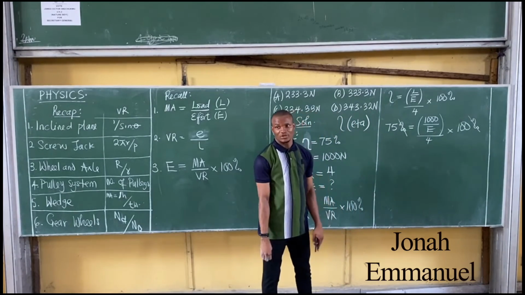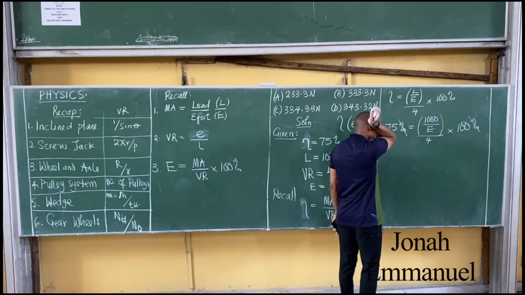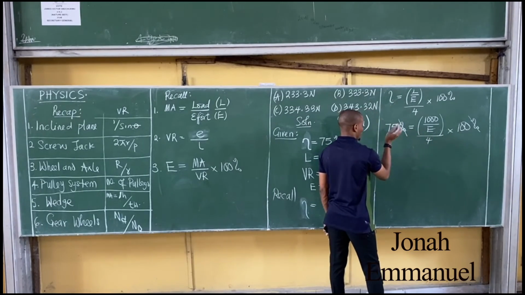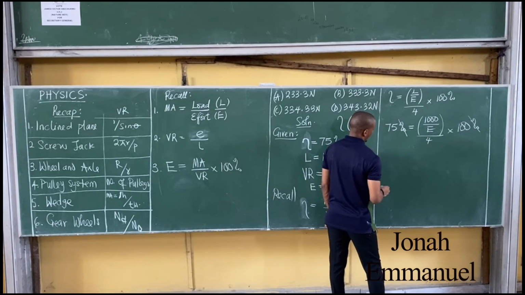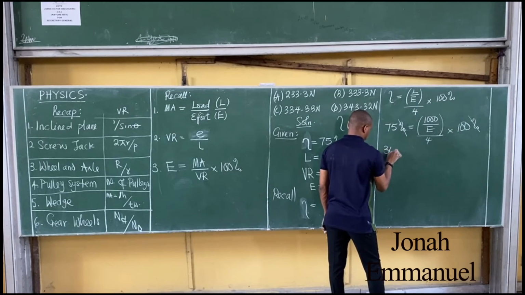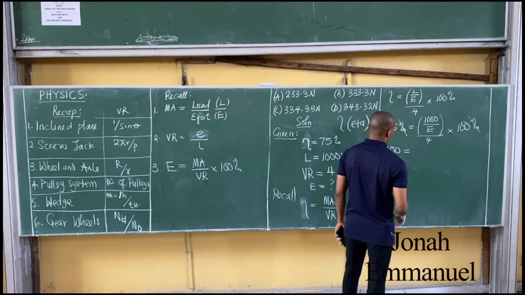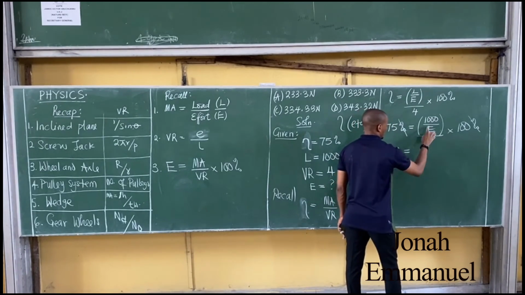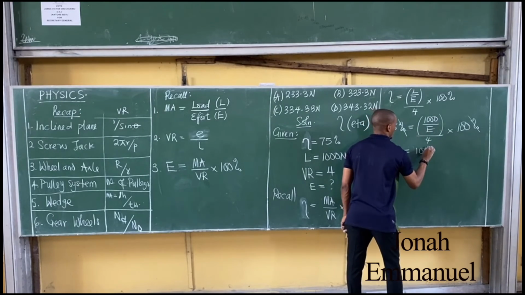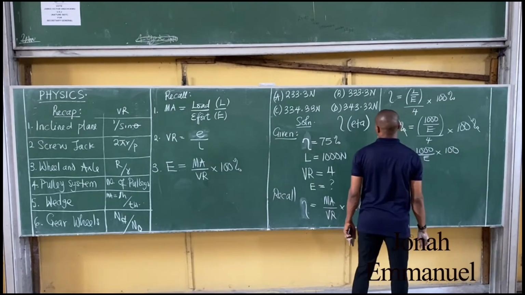The 4 goes this way. What do you get there? 300 is equal to 1,000 all over E.